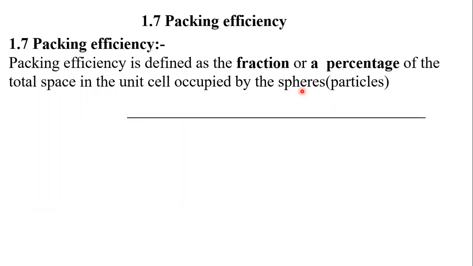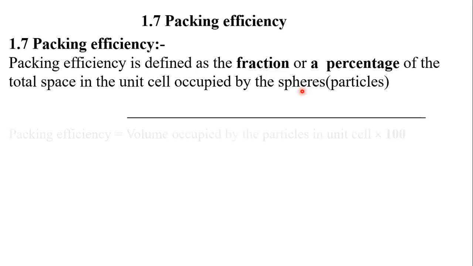So packing efficiency is measured in fraction or in percentage. It is the fraction or percentage of total space in the unit cell occupied by the spheres, that means particles or atoms, ions, molecules.